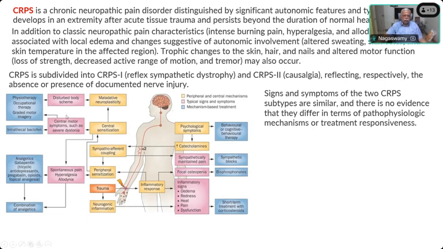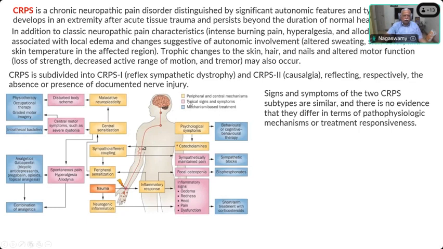The typical signs are sympathetically maintained pain, focal osteopenia, inflammatory signs like edema, redness, heat, pain, dysfunction, spontaneous pain or hyperalgesia, allodynia, and central motor symptoms such as severe dystonia and disturbed body scheme. All these are the signs and symptoms.